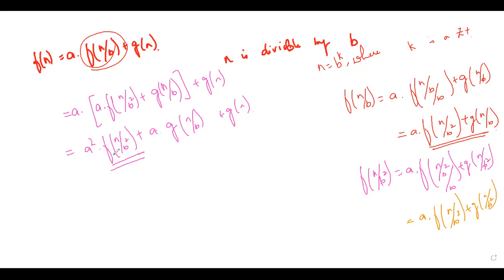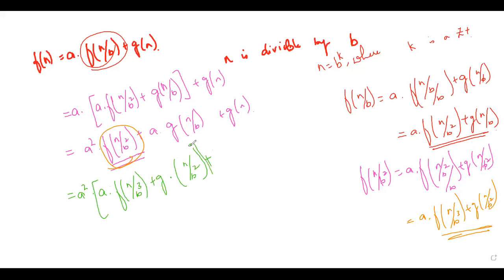Now I have to multiply this a square into f. Instead of this, I'll substitute this equation. So let's write that. So a square into f of n by b cube plus g into n by b square. This is done. Then these two terms are to be written as it is. So a into g of n by b plus g of n.